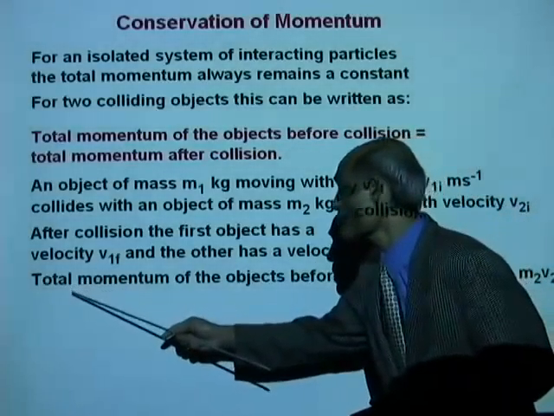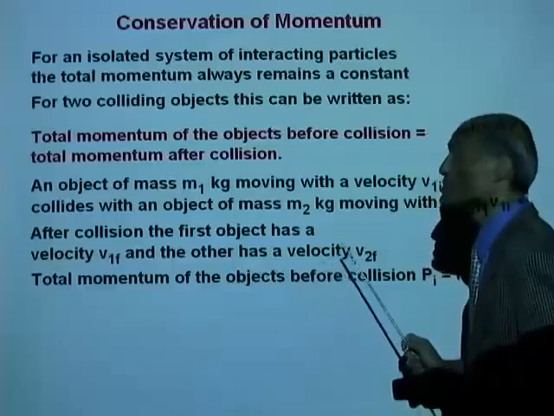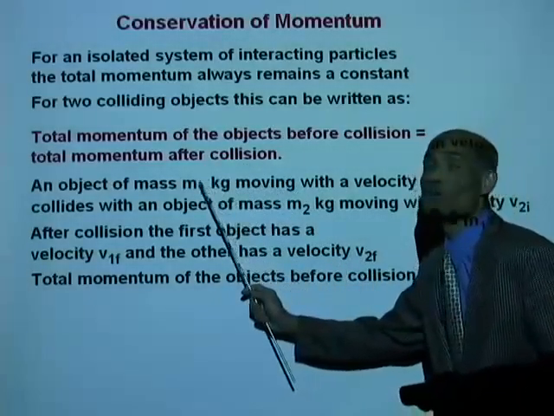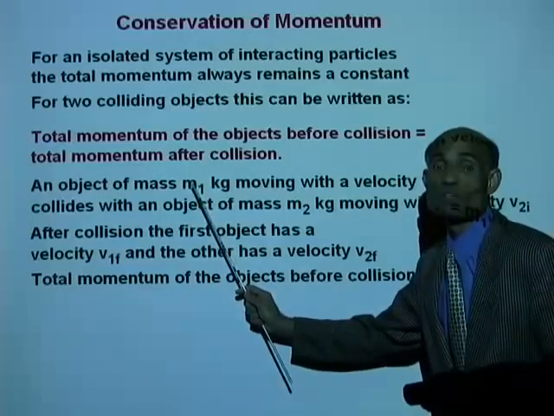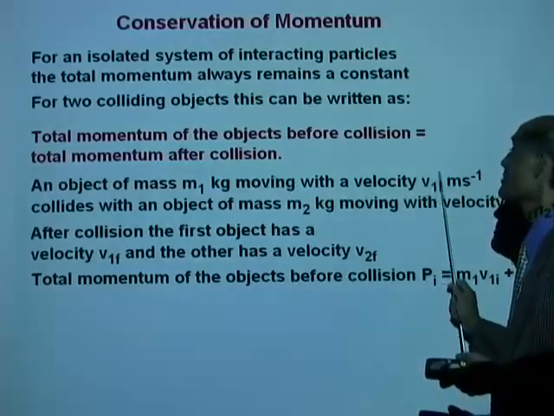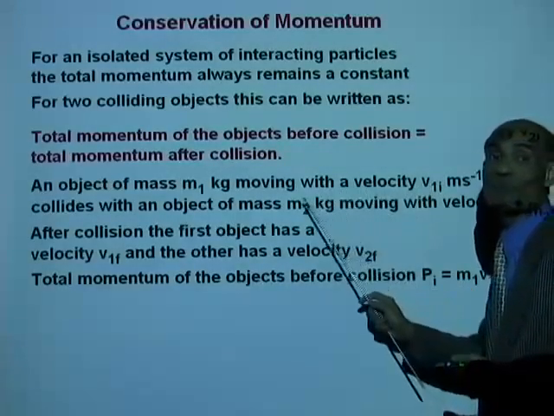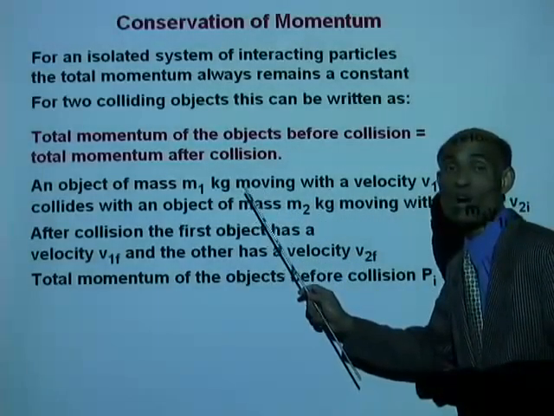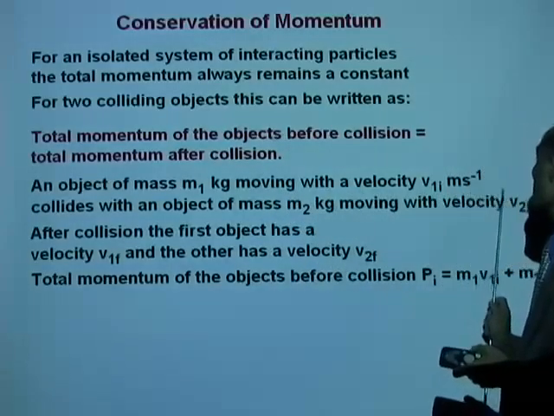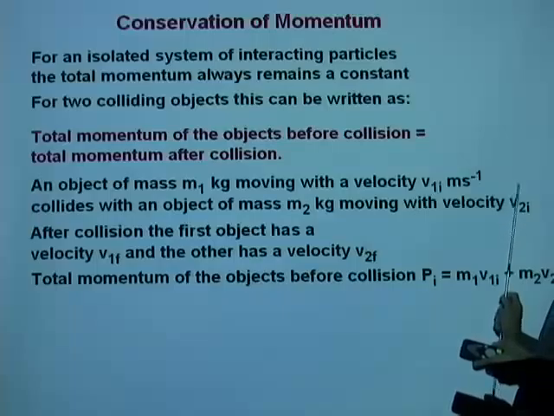Well, what is the total momentum of the two objects before collision? Look at this. Before collision, the momentum of the first object is m1 times v1I. And the momentum of the second object before collision is m2 times v2I.